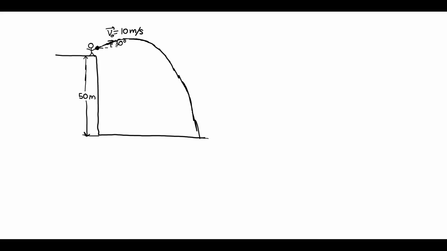Okay, so I want to find some quantities. First, I want to find the maximum height above the ground. So how high is this point? Then I want to find the distance D from the base of the cliff that the ball has fallen.